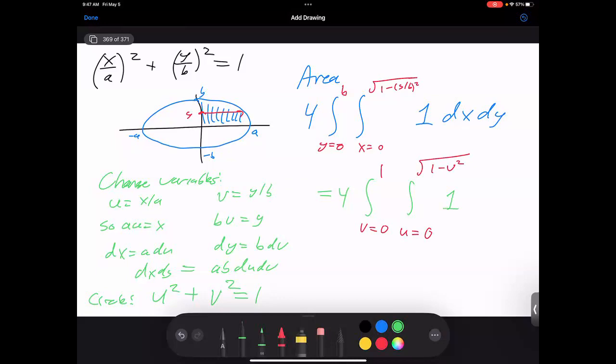And what does dx dy become? It becomes just ab du dv. So this is just going to be 4ab times the integral v goes from 0 to 1, integral u goes from 0 to the square root of 1 minus v squared, 1 du dv.